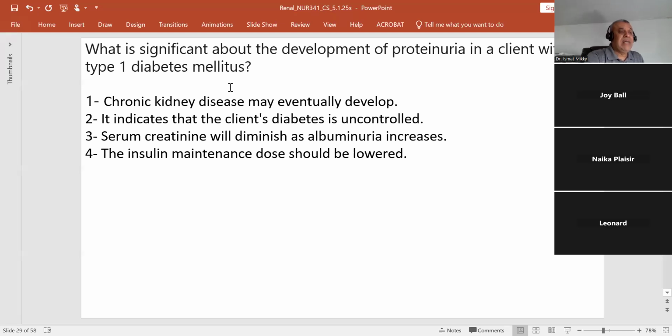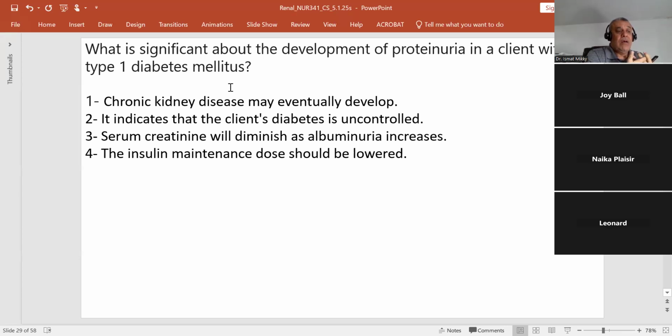So now, what is significant about the development of proteinuria in a client with type 1 diabetes? This one goes over the presence of protein in urine and what it means. So what would be the indication, and how would you link it to protein? I think we covered this concept at the outset of this session, but let's reiterate and reinforce this concept about protein in the urine.